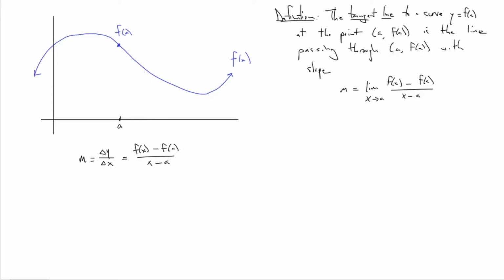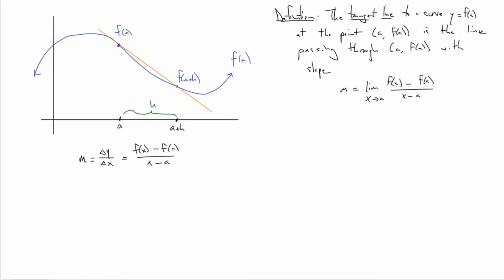Okay, before we proceed, it turns out there's a second way to do this that at first looks a little bit more complicated, but in the end turns out to be easier to work with. And so let's do the exact same thing, but slightly differently. Instead of picking a point x a little bit away from a, we pick a relatively small distance that we call h, so that the point a plus h is a small distance away from a.